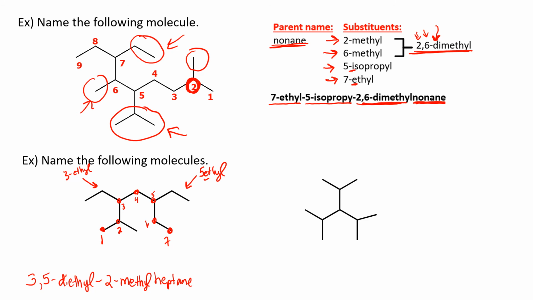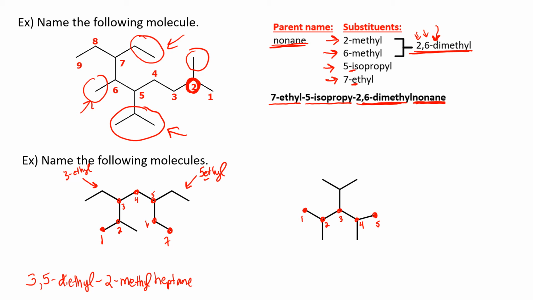You can number our parent chain 1, 2, 3, 4, 5. You could have done any number of these. It really didn't matter. I'll show you another possibility. You have a lot of correct answers here. 1, 2, 3, 4, 5, because this is a symmetrical molecule. So this is going to be some form of pentane.